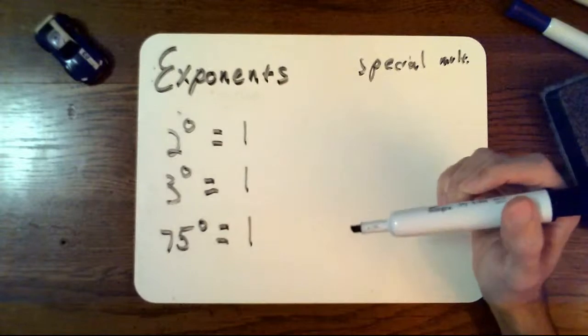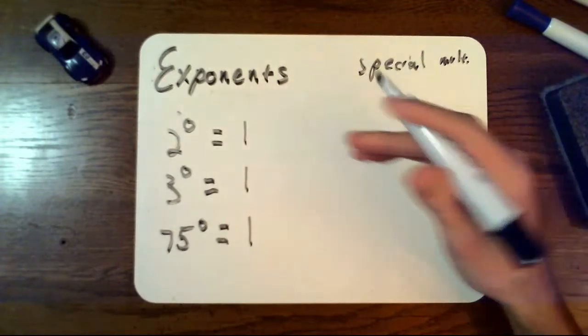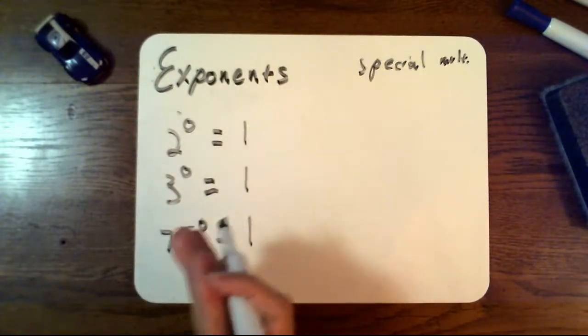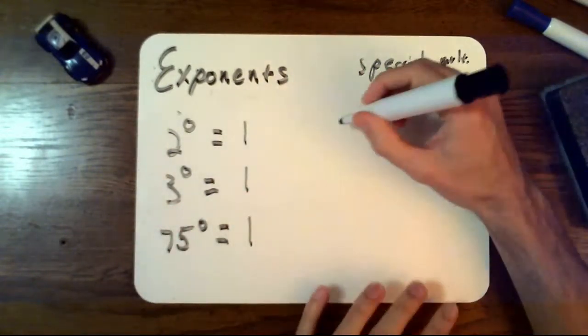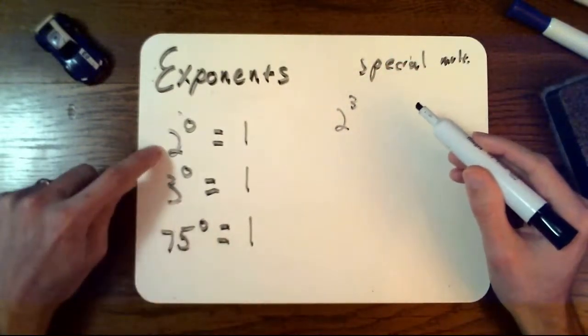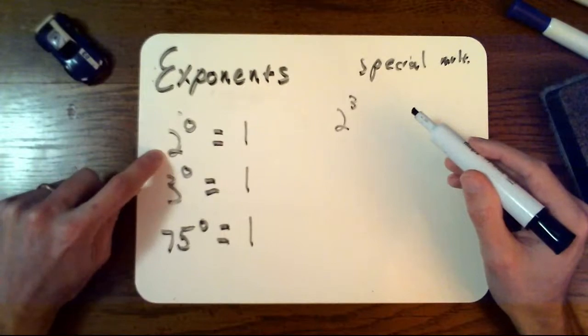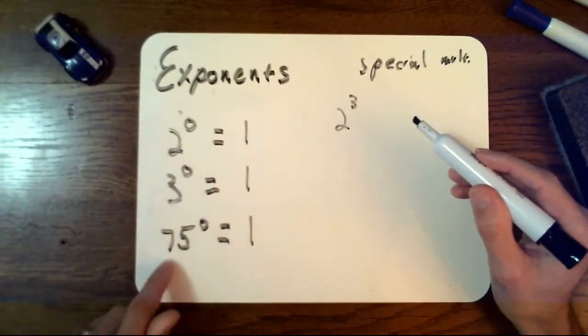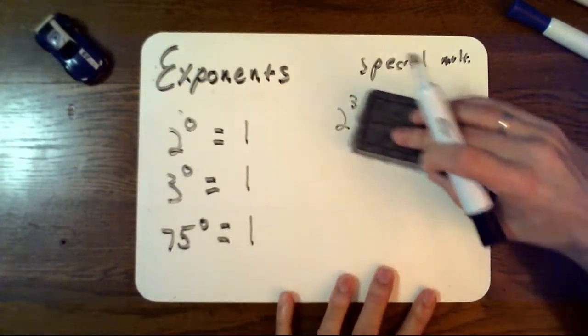I'm not going to go too far into mentioning why, but since we're multiplying something, usually 1, by how many of what we have, so this would be like 2 times 2 times 2, this is telling us we have no 2's, but we have to have something, so there's a 1 there. We have no 3's, but there's a 1. We have no 75's, but there's a 1.